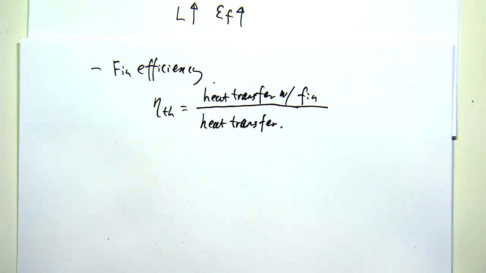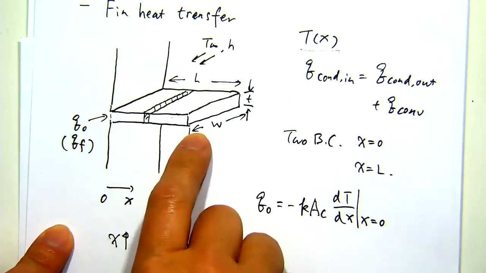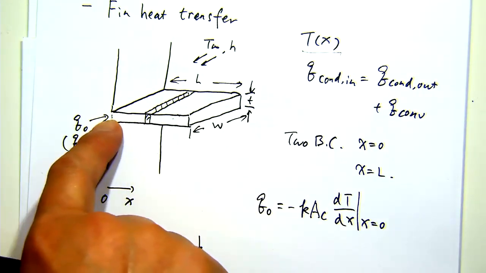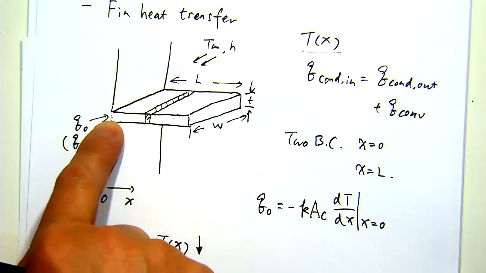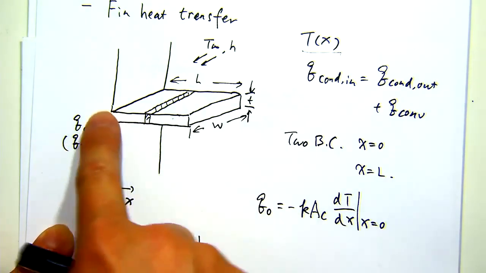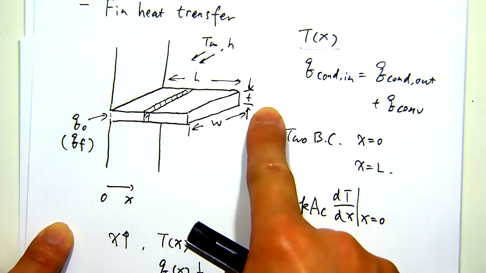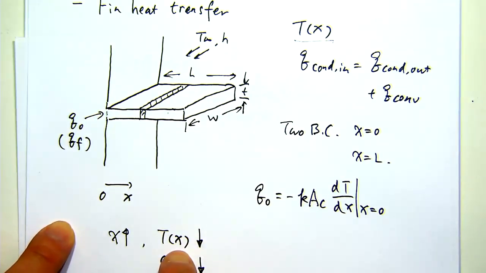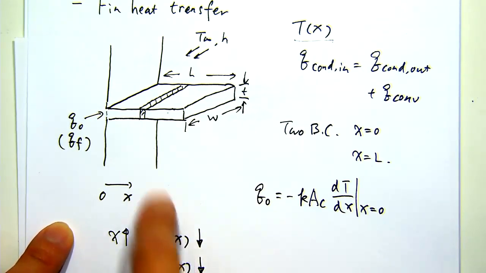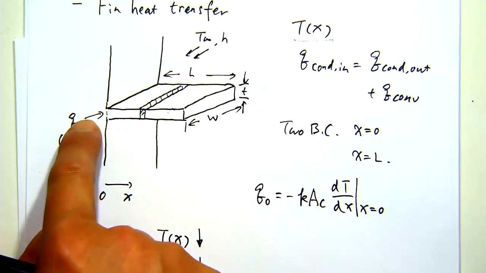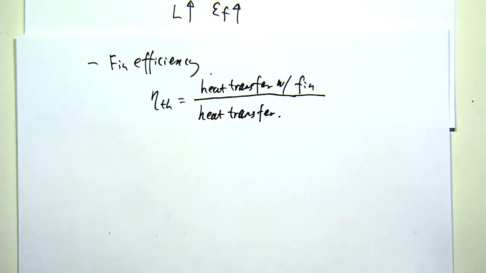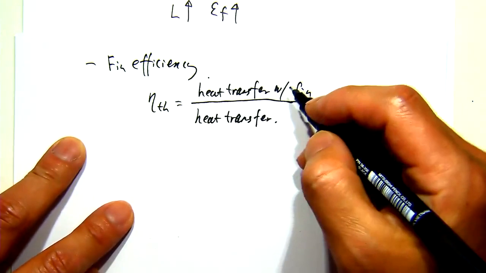Consider all the exposed fin surface area at the same temperature as the fin base. We already said that along the length, the temperature is actually dropping, right? You wouldn't have the same surface temperature as the base. But this one is considered an ideal situation.